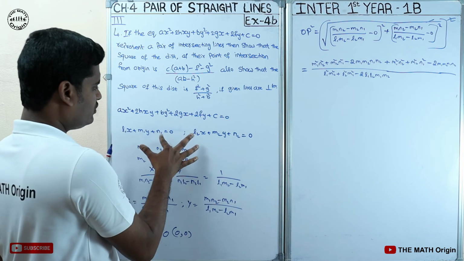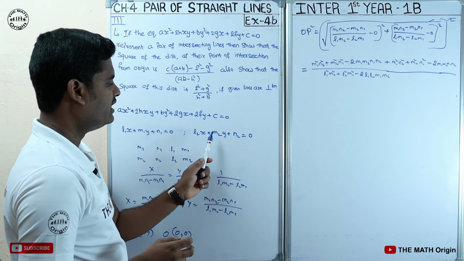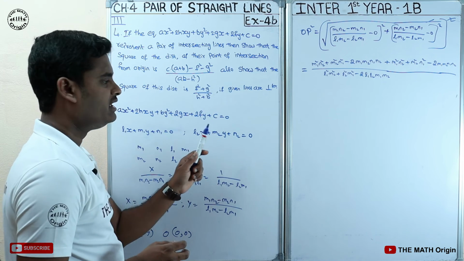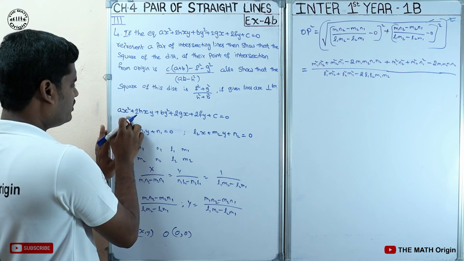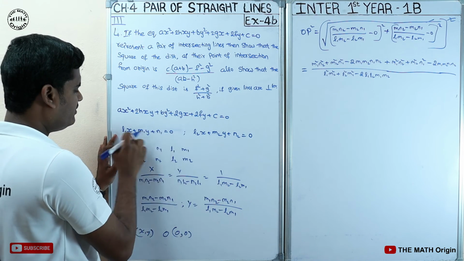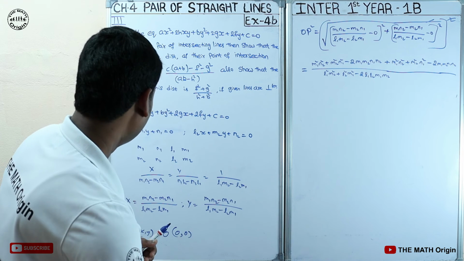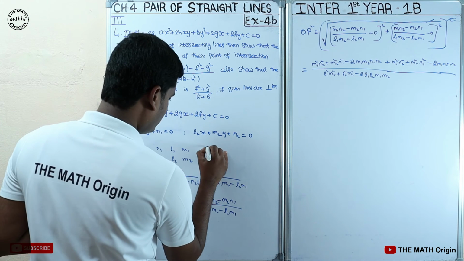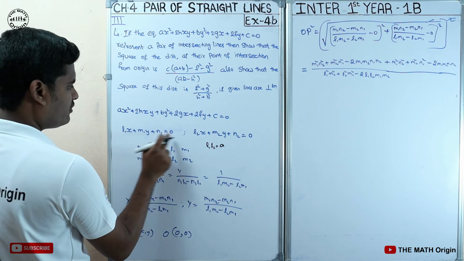So from these two equations I want to take the x square coefficient, xy coefficient, y square coefficient and constant c. So now if I want to take out the x square coefficient, which is a from the general equation, from this it will be L1 into L2. I will write it here so that we will not have any confusion. L1 L2 is equals to a, the x square coefficient.